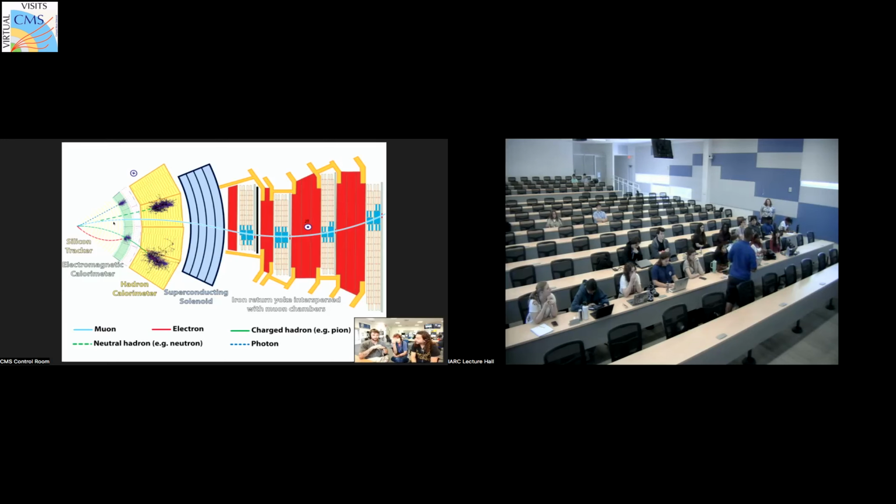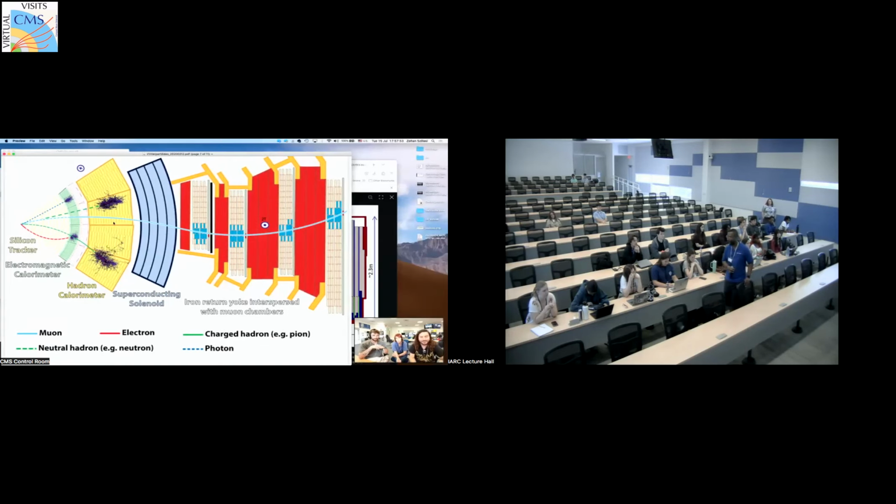If you see this picture from the top of the atmosphere to the ground, on the ground you get only muons, which is exactly what you see in the picture on the screen. You have the collision points, and the particle that goes through is just the muon. This is why we always put the muon detectors at the edge of our detectors, because they are the only ones that get there.